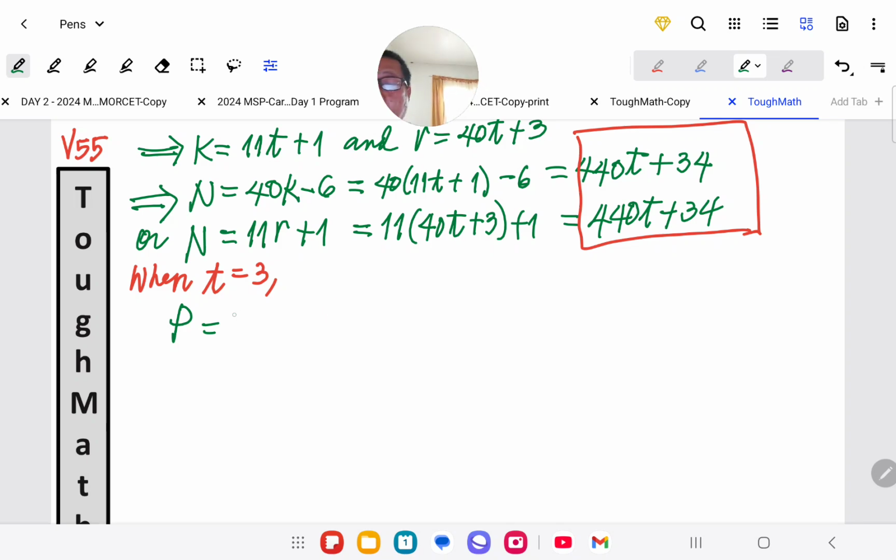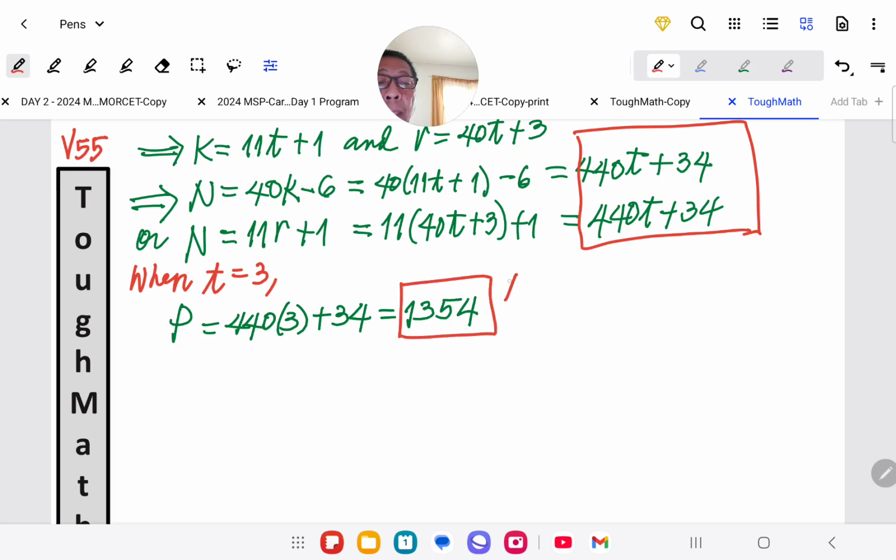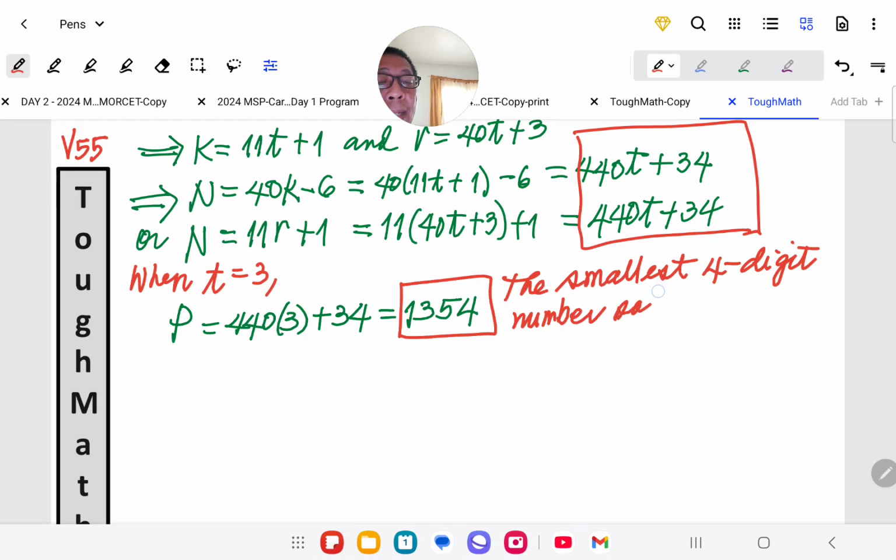So we have 440 times 3 plus 34. This gives us 1,354. Okay, and this is the smallest 4-digit number satisfying the given conditions.